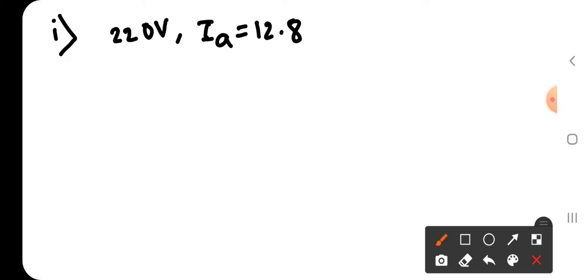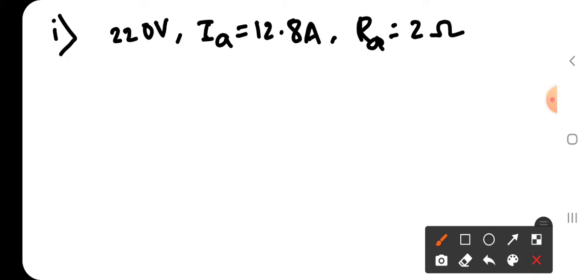The terminal voltage is 220 volts, armature current is 12.8 amperes and armature resistance is 2 ohms.